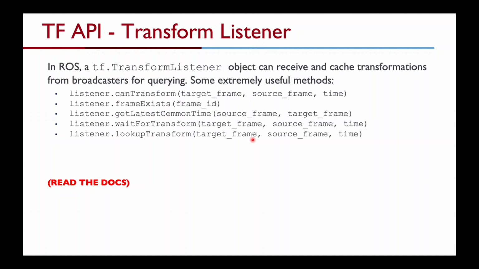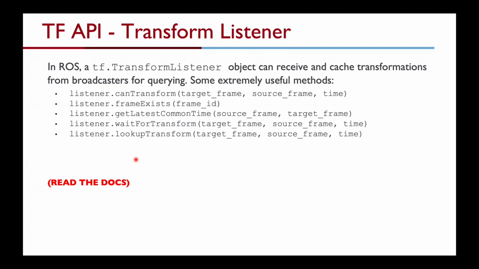The first thing the API provides you is a listener. If anything is publishing a transform, like we saw, there was an object which was publishing the static transform base link to laser, in your ROS node you can instantiate a listener which can receive and cache these transformations from any broadcasters.